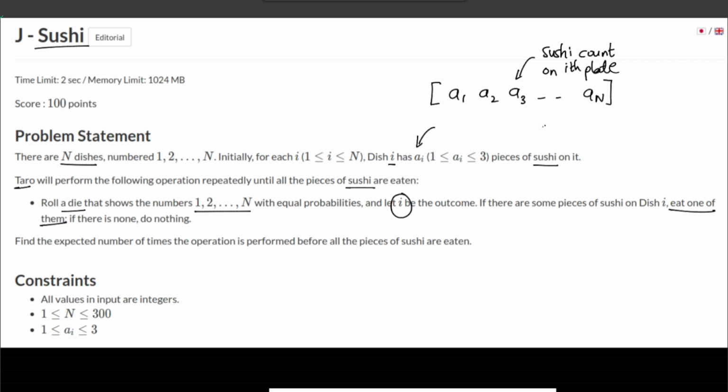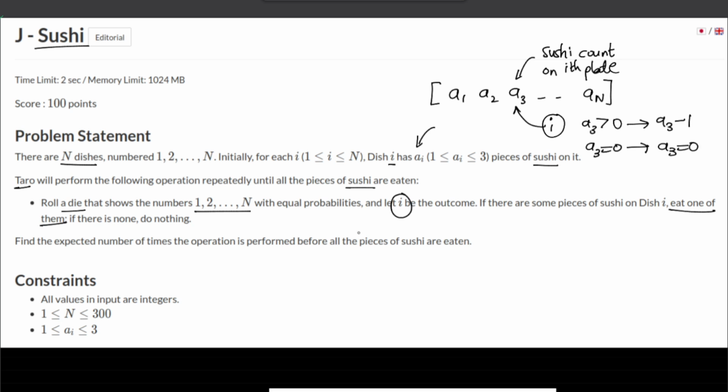So suppose i turns out to be 3, and if a3 is greater than 0, he will eat one of it so that it becomes a3 minus 1. Or if a3 is 0, in that case it remains 0.